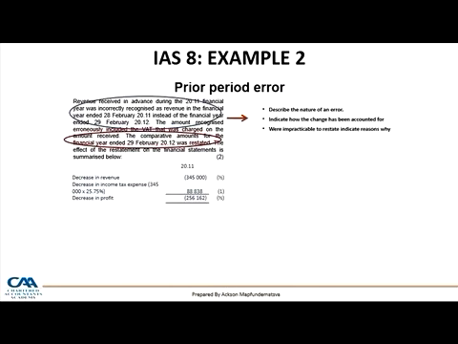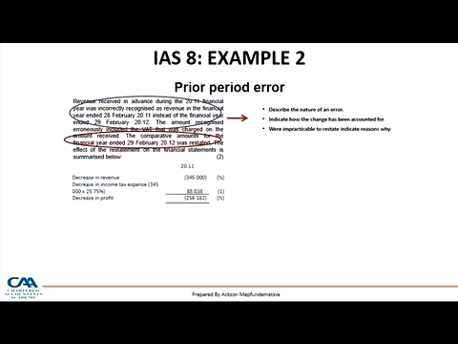After that, you map out your changes. So the decrease in revenue of 345,000, like we did in our correcting journal entry, and your decrease in income tax expense of 88,834.